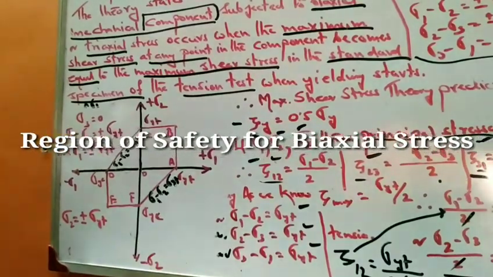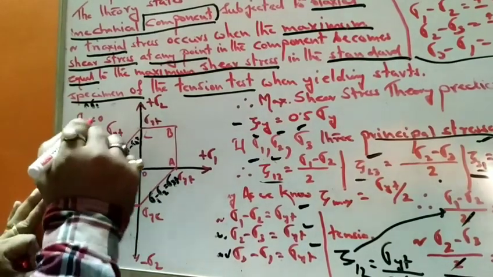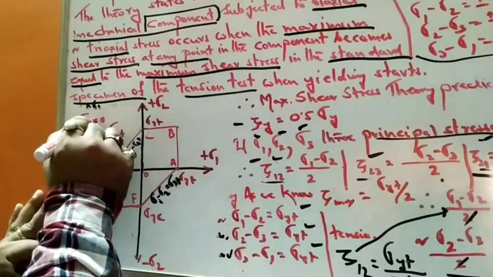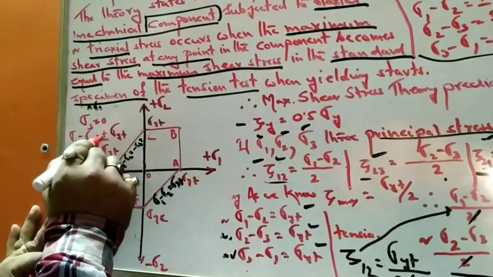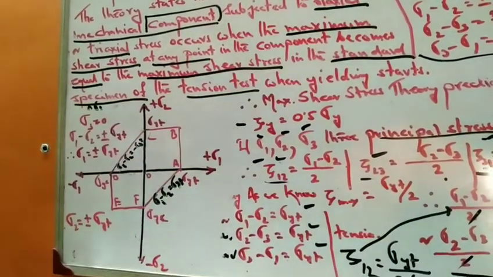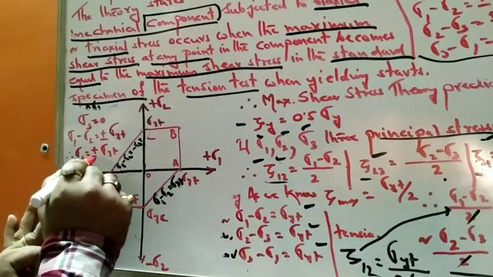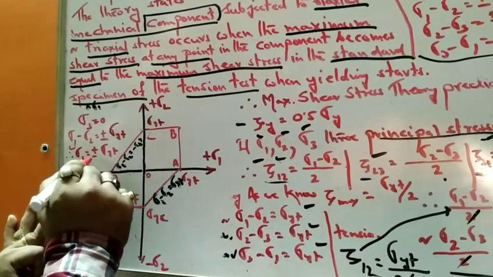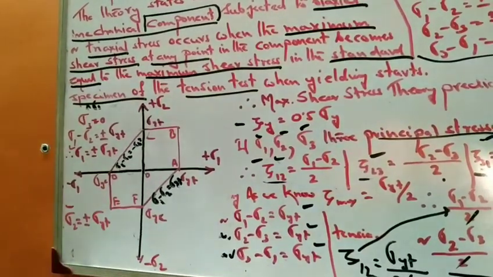Now if we plot the region of safety for biaxial stress, we could see that first, because biaxial stress is there, the principal stress sigma 3 should have to be 0. So from this consideration we take sigma 1 minus sigma 2 is equal to plus minus yield stress, because sigma 3 is 0, and therefore sigma 1 becomes equal to plus minus sigma yt, or sigma 2 becomes equal to plus minus sigma yt.